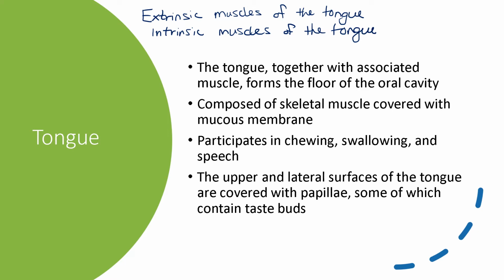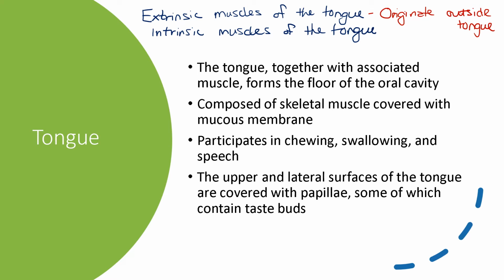So the extrinsic muscles of the tongue, these are going to originate outside the tongue. And these muscles attach bones to the connective tissues inside the tongue.